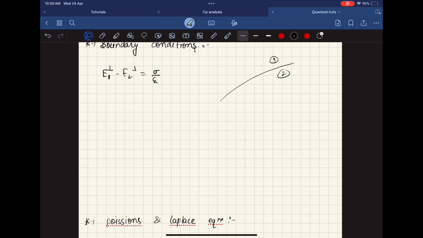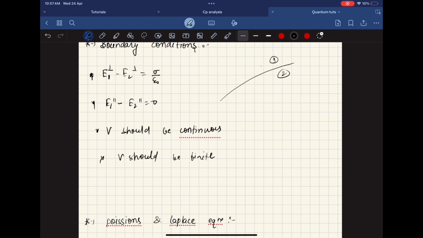The second boundary condition is E1 parallel minus E2 parallel equals 0. The third boundary condition is that V should be continuous on this interface. And the fourth boundary condition is that V should be finite.